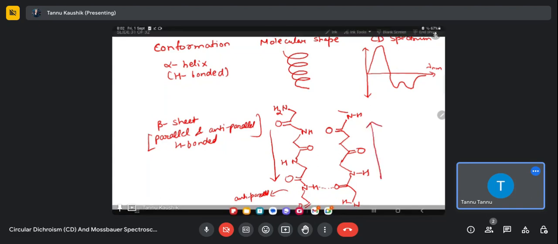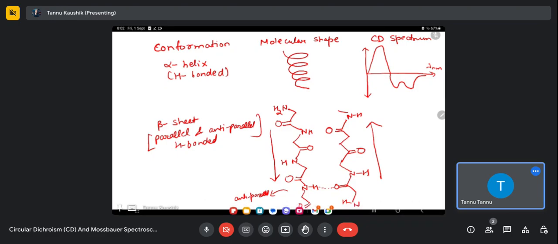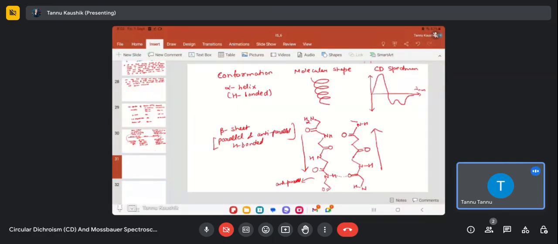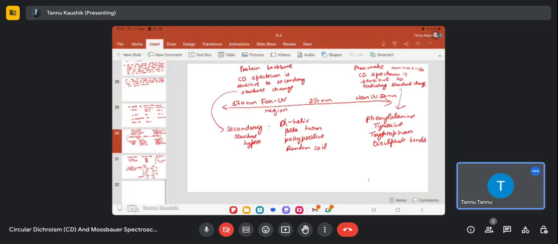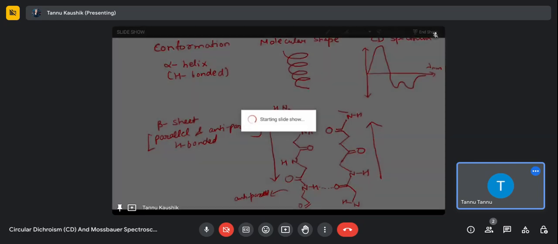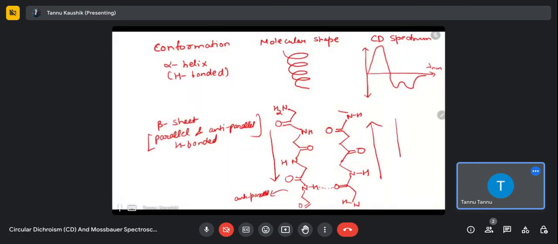I'll add an image for it. We are out of time now. Just making the structure CD spectra for it. There will be one positive band and a broad negative band.